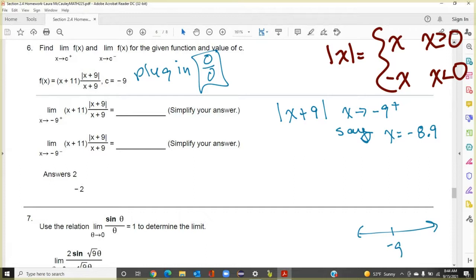Here's your -9. If you're coming in from the right-hand side, then you're picking something a little bigger, which would be something like -8.9. So if we were to plug that in, what would happen here? -8.9 plus 9. You see how we'd get a positive in there? Which means I'm allowed to just drop that absolute value.